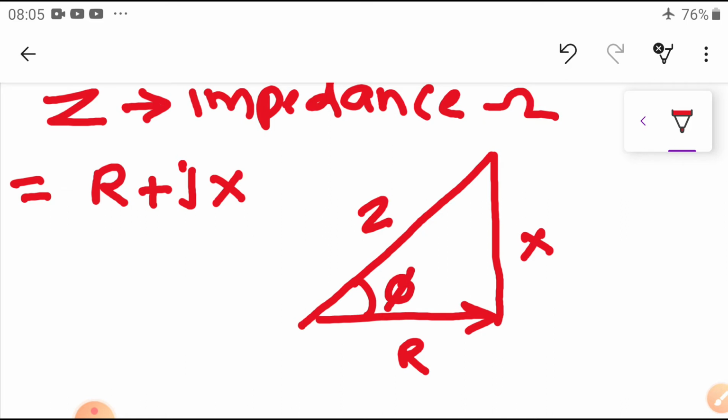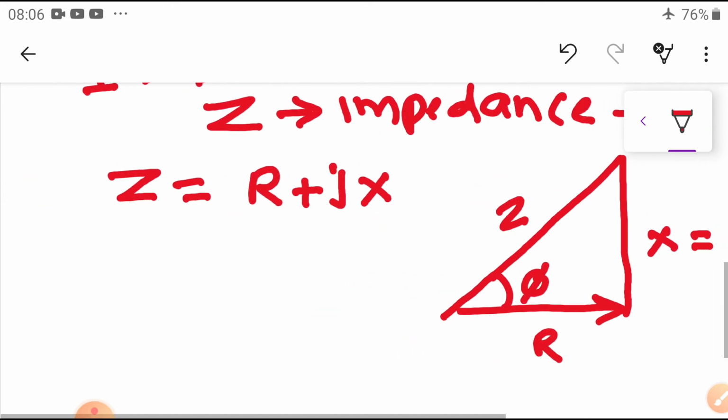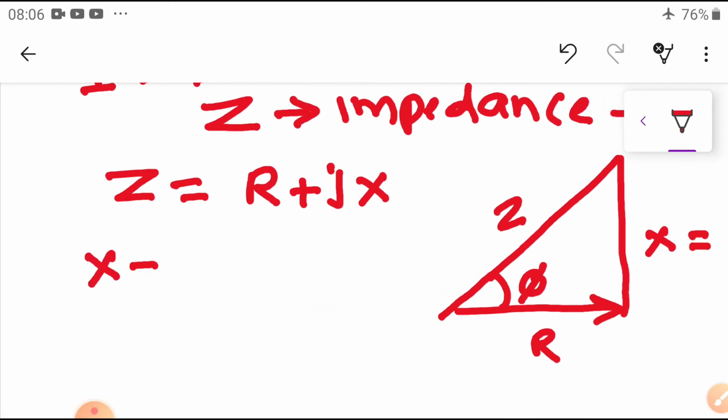Okay. So, what is X? X is equal to XL minus XC.